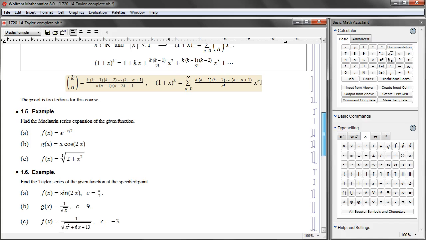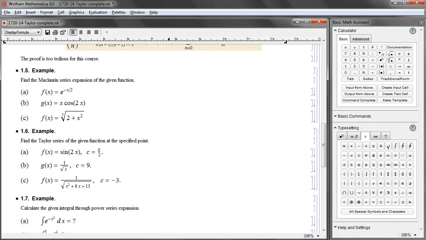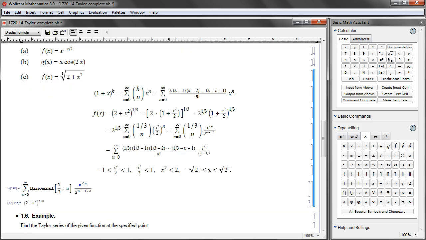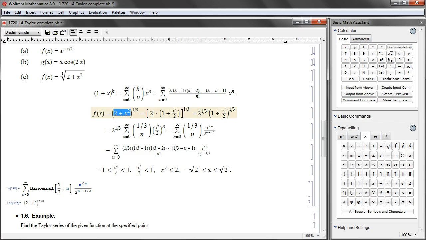We went through several examples, some trivial, where we just plug in negative x over 2 in place of x to get the Maclaurin series expansion for this one, or just replace x by 2x for cosine, or we had some clever computation like this. We had to manipulate the inside so that it is 1 plus something, so that we can apply the binomial series expansion theorem.